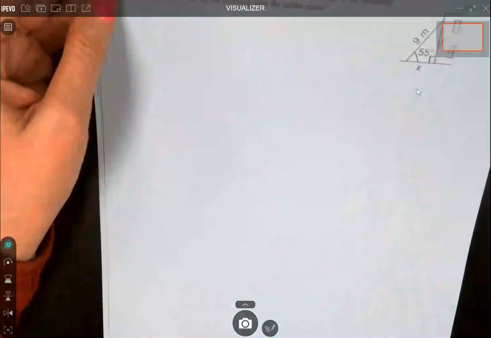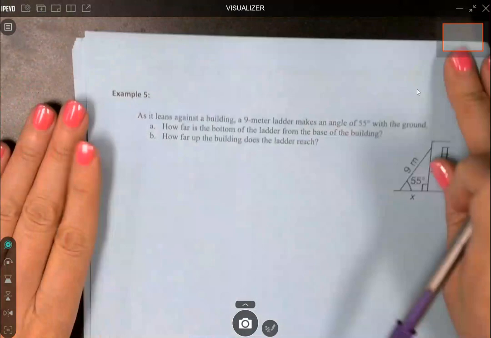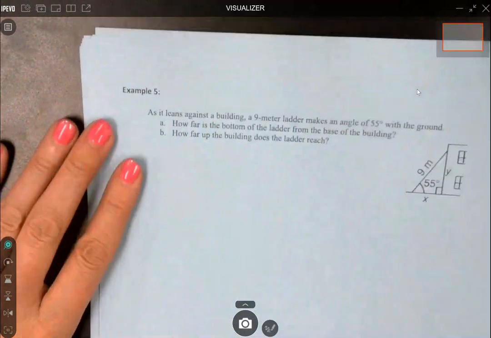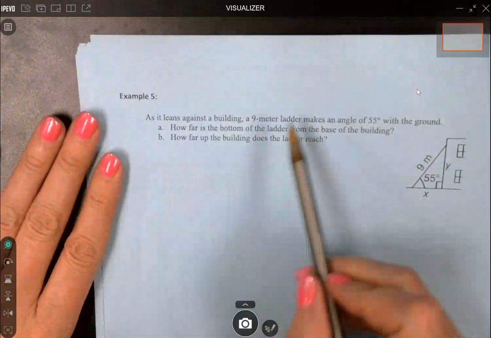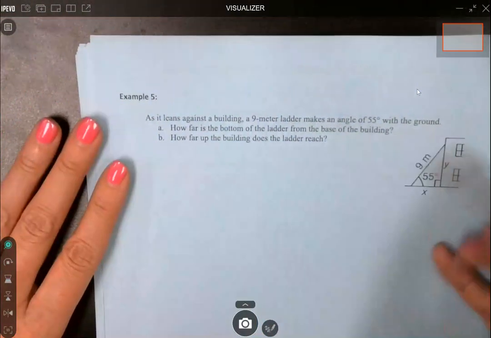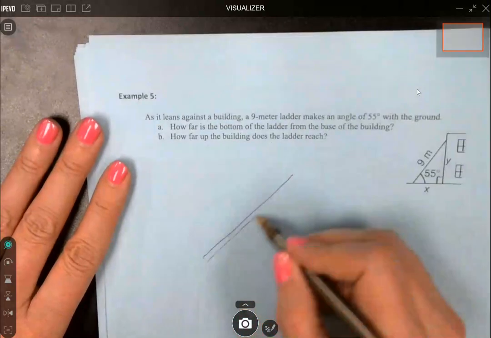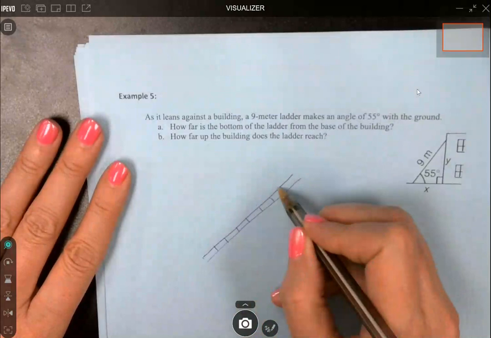Now we have one question on example 5 that's a story problem or a real world problem, okay? So it's saying a 9-meter ladder makes an angle of 55. So I can't really see this, it's kind of small. So I'm going to write this again and I'm going to draw. This is my ladder.